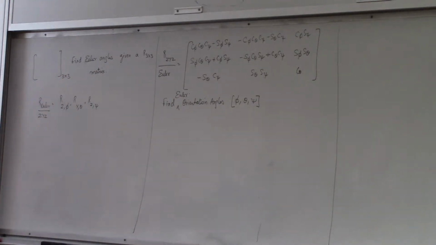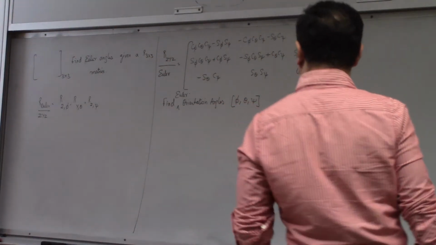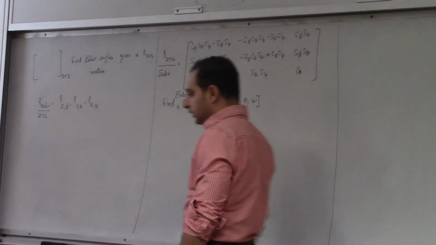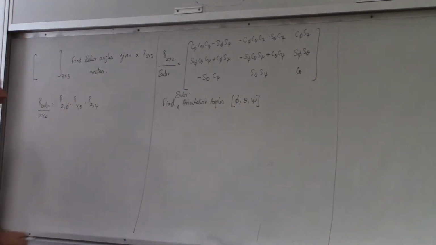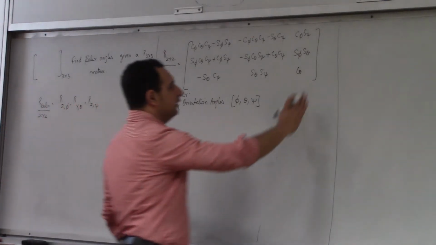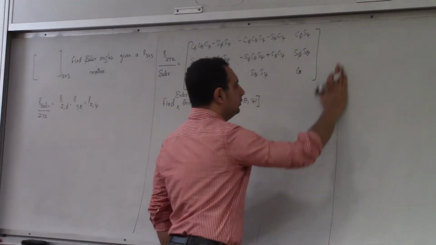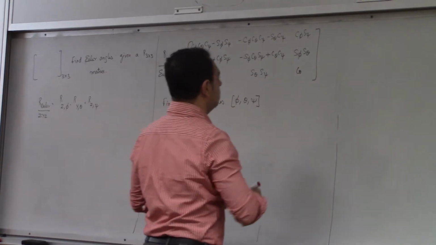Even RPY is phi, theta, and psi, right? There is no difference between the two, unless you specify how they have been multiplied, okay? So this is a post-multiplication case.